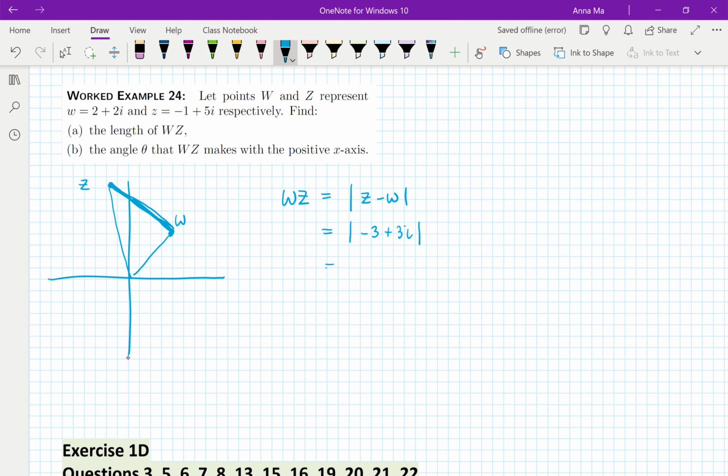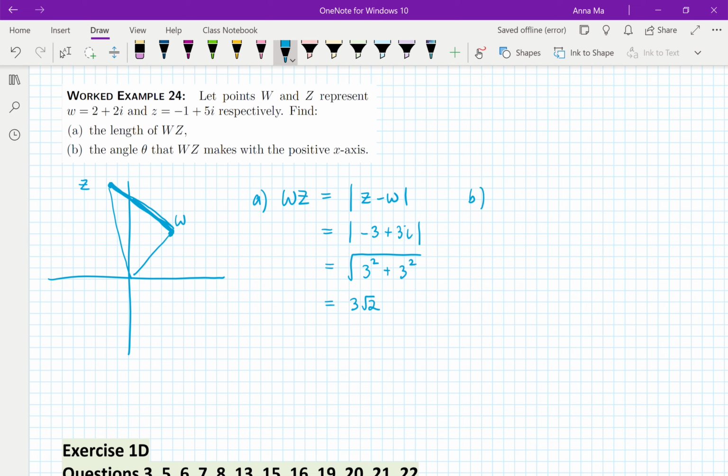And it's really easy to find that length. Just the square root of the sum of the squares. Or, as I said before, if you can sort of figure out that this is going to be an isosceles triangle, you can use the exact value ratios. That was part A.